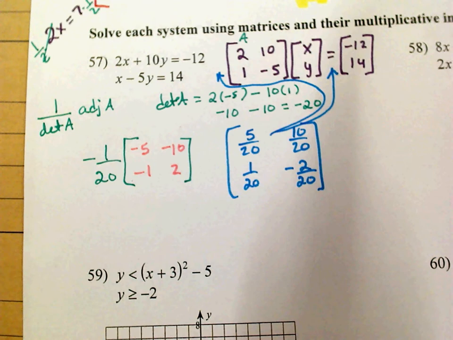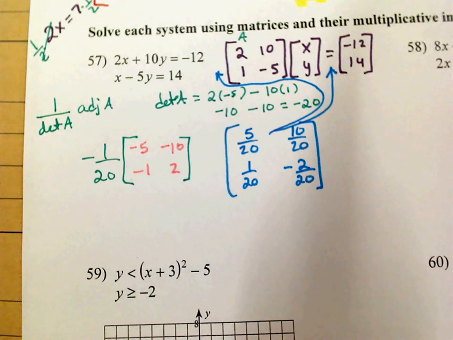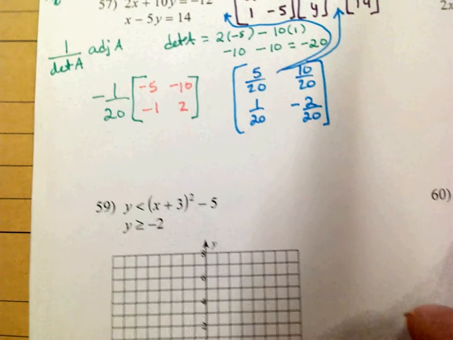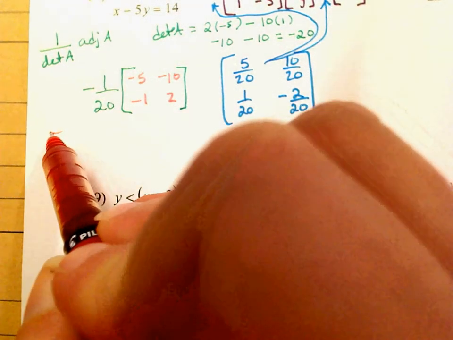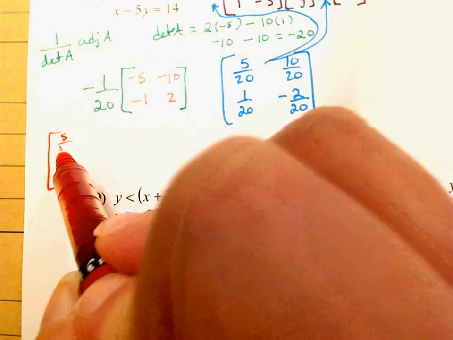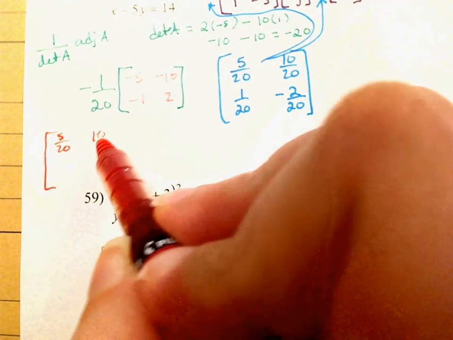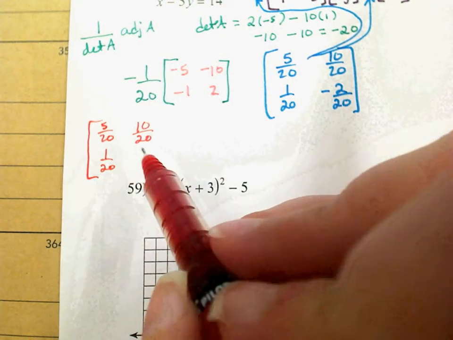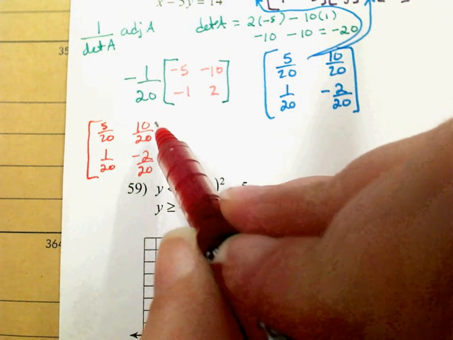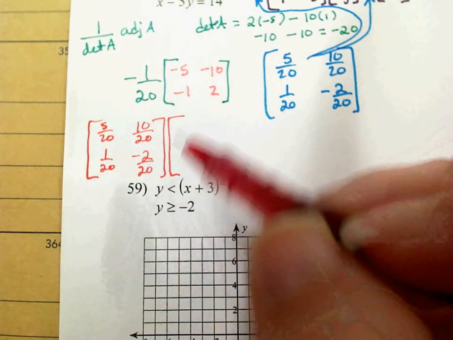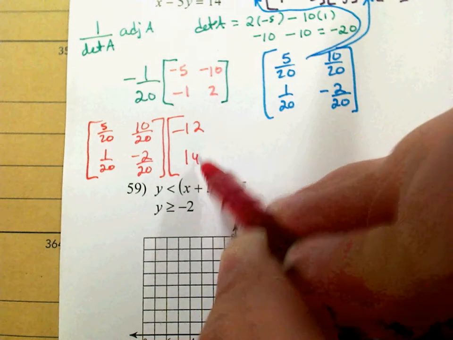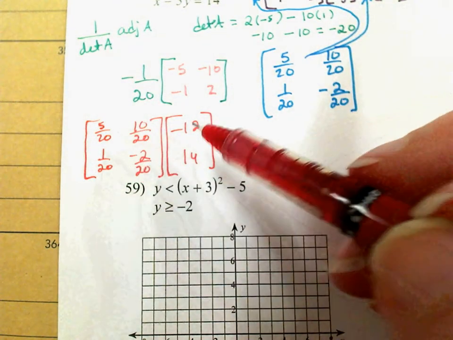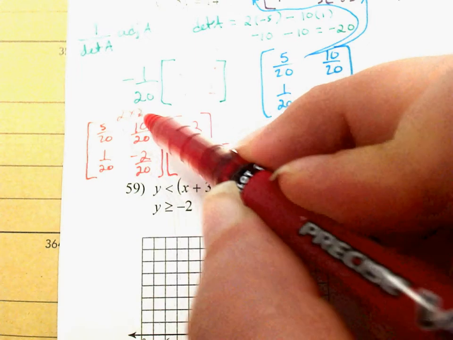So I'm going to write that over here. 5/20, 10/20, 1/20th, and negative 2/20th times negative 12, 14 equals. It is a 2 by 2 times a 2 by 1. It always will be, and that'll leave me with what? A 2 by 1, yeah?